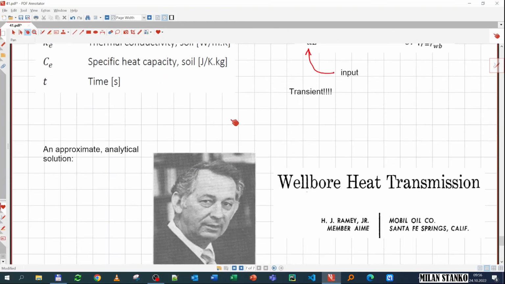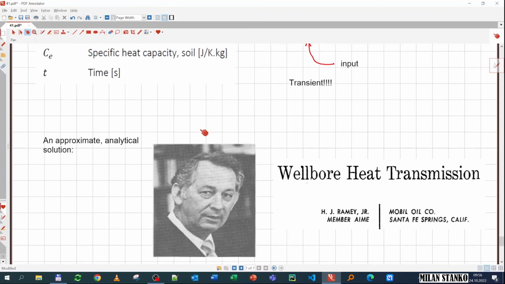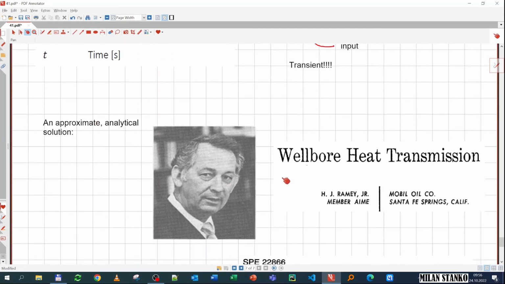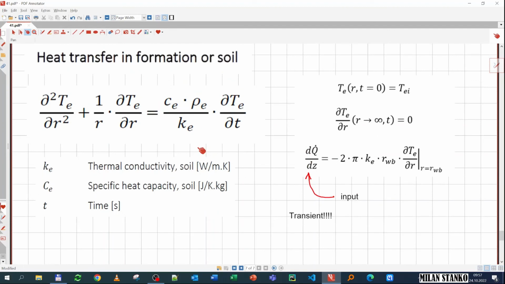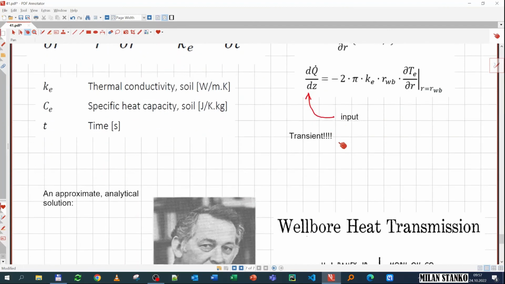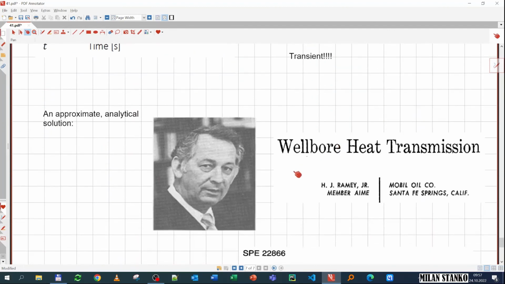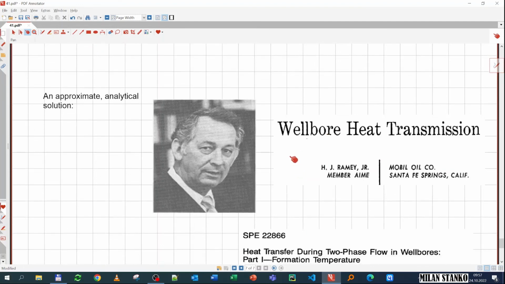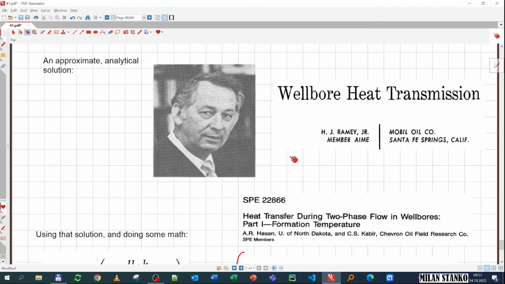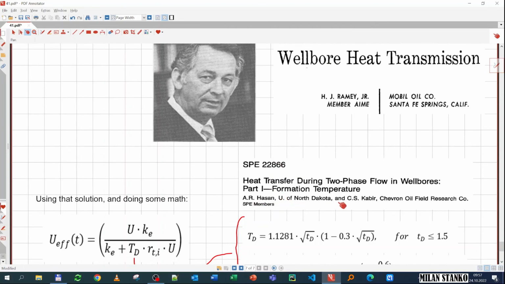But some researchers have found an approximate analytical solution that we can use. One noteworthy work of that time was the work by Henry Ramey, the paper called Wellbore Heat Transmission, which proposed an approximate analytical solution to that equation that can be used to calculate a new U. But I'm taking another solution from two researchers, Hasan and Kabir.